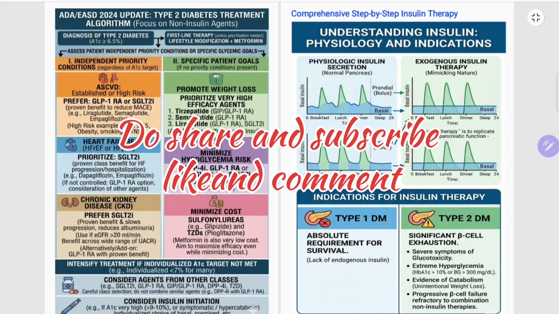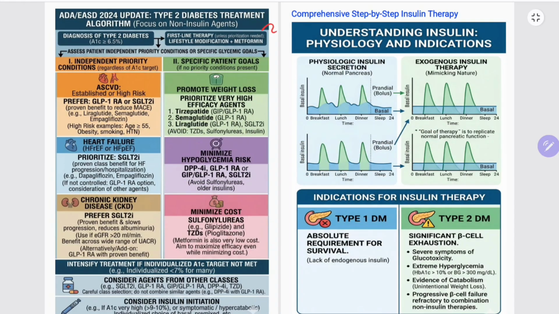So till now we have discussed the non-insulin pharmacotherapy of type 2 diabetes mellitus. In that we have discussed that first line therapy is lifestyle modification and metformin.